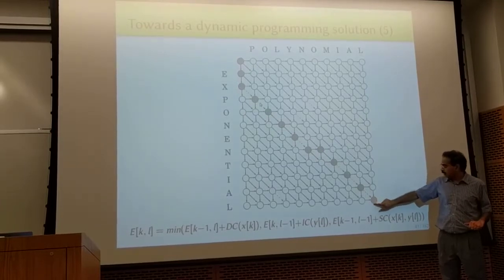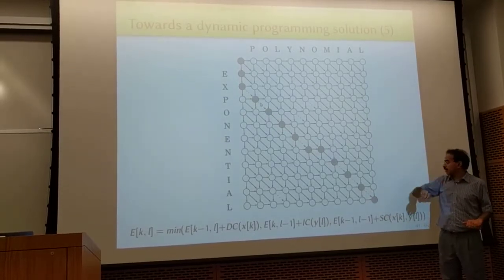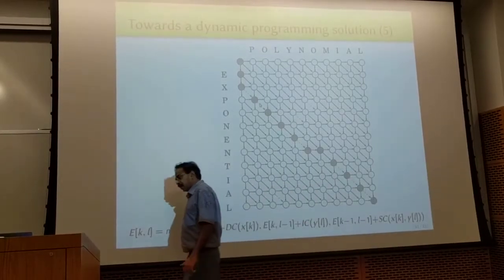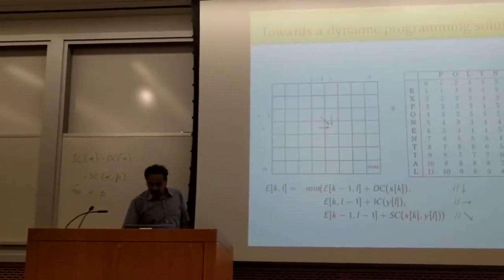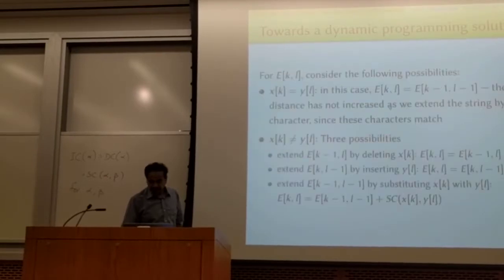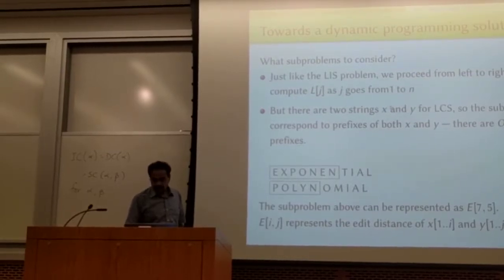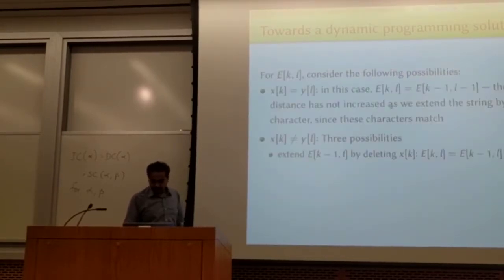Because you want to take the entire x, which is x1 through m, or is it n? x1 through n, I think. I don't know which is n and which is m. Let's see. Okay, so one of them is m and one of them is n.